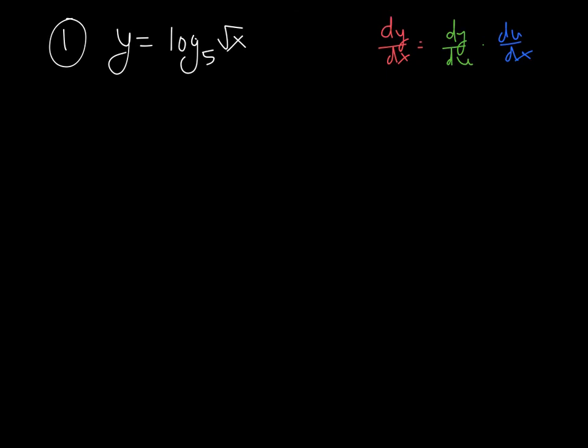We know that from section 4.1, and we're really just applying that. So I'm going to go ahead and start by saying that my u function here is radical x, or you might prefer to write that as x to the 1/2 power. Du dx is then 1/2 x to negative 1/2, which is 1 over 2 radical x when I simplify that.